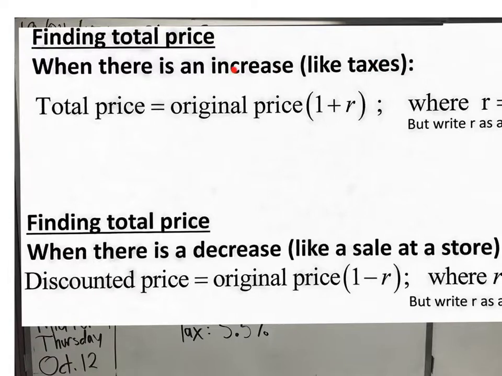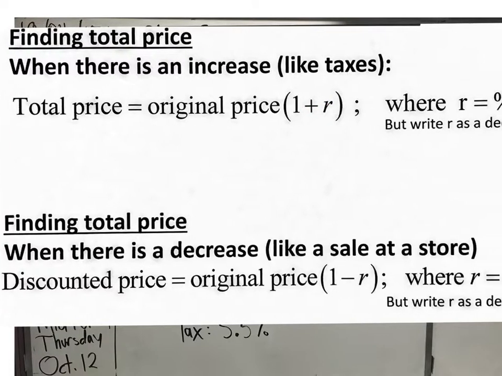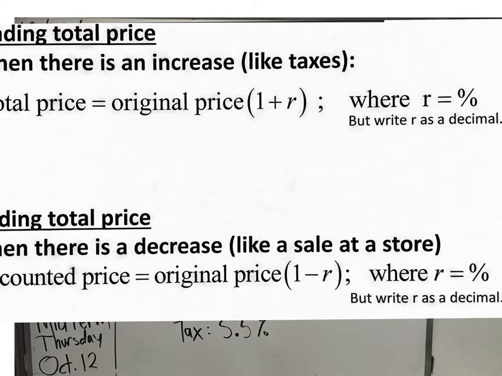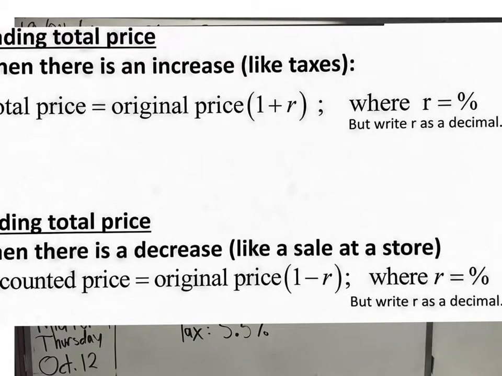So right here in our notes, we're talking about taxes. We're talking about an increase in price. So we're going to say original price times 1 plus the rate, but as a decimal. So that 8.25%, you're going to write it as 0.0825.